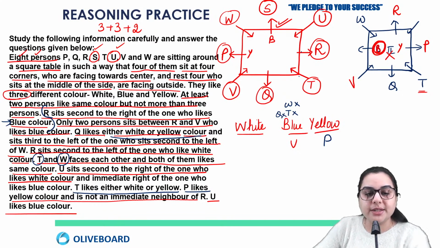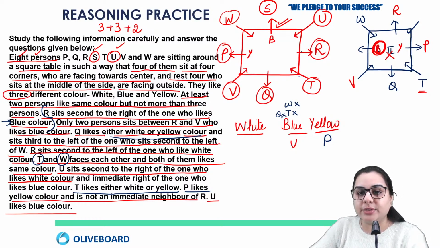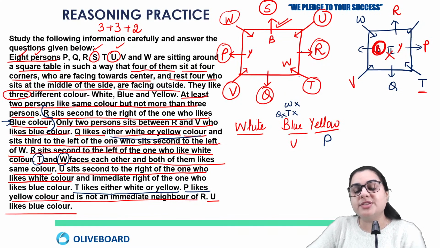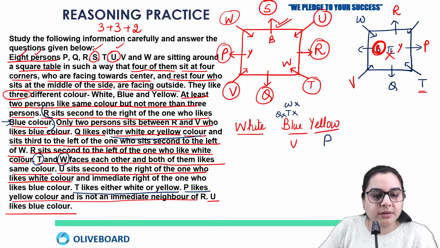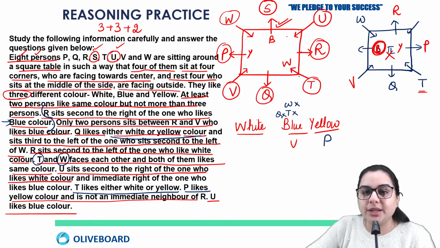U sits second to the right of the one who likes white color. So he is talking about T, that T likes white color, and U is immediate right of S and S likes blue color, and about U he is giving you in the last that U likes blue color.